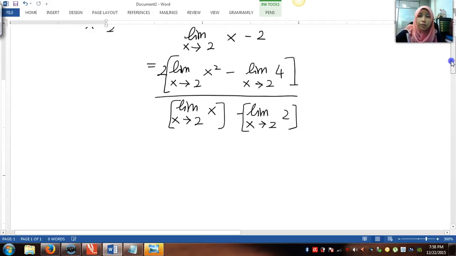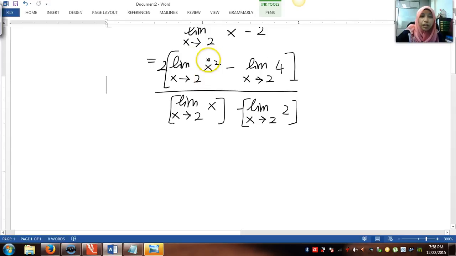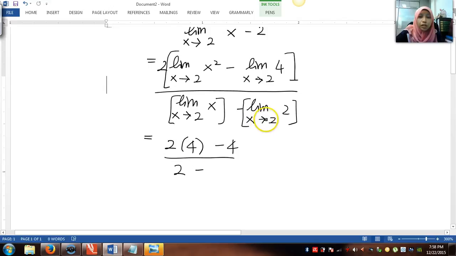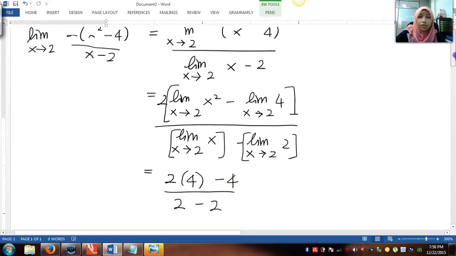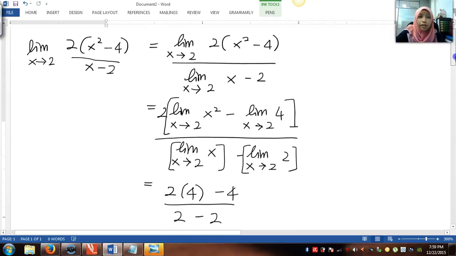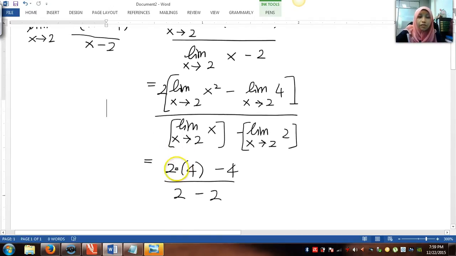So what we have to do now is get the solution of the limit. So we have 2 to the power of 2, then we get 4 there, minus, this is a constant, so we put the constant there, over the limit of x as x approaches 2, so we substitute 2 into x, so 2 minus 2. Please be careful here, because we can't solve this.